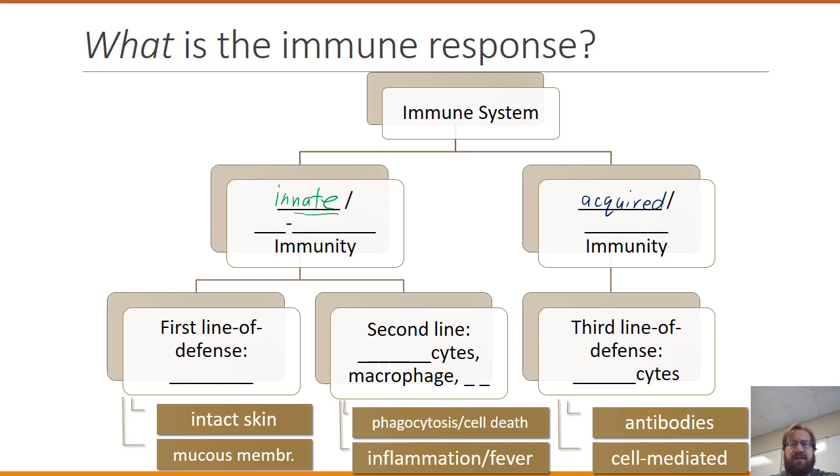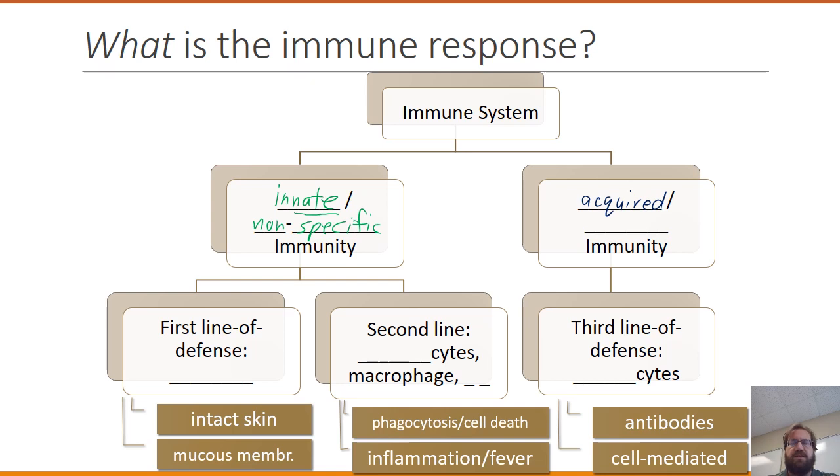Because innate immunity is immunity that we're born with, it does not have any ability to respond to things that have happened after you're born. For example, to exposure to one specific pathogen. So this is also known as your non-specific immunity.